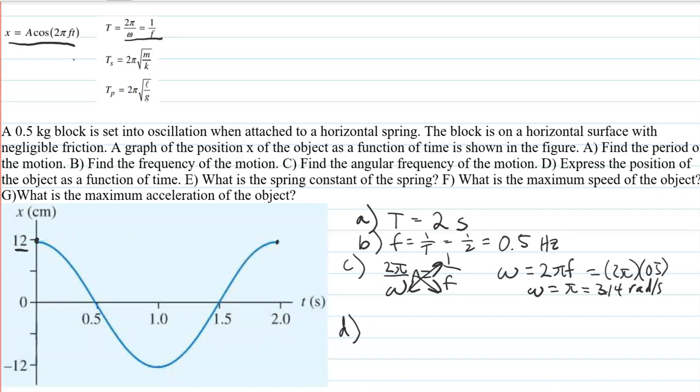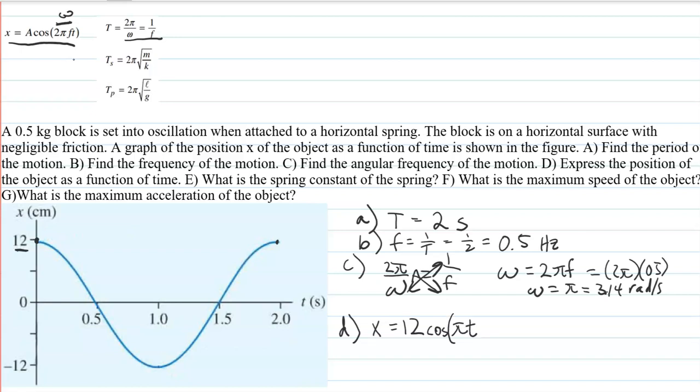And I'm just going to leave this in centimeters for this problem. So it's going to be x equals 12 times the cosine of 2 pi f t. Remember, 2 pi f is omega, and my omega is equal to pi. So it's going to be times the cosine of pi t.